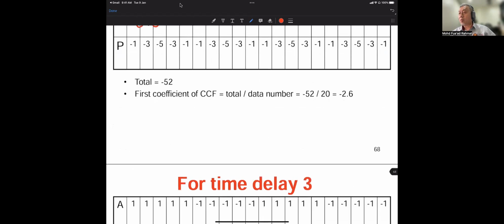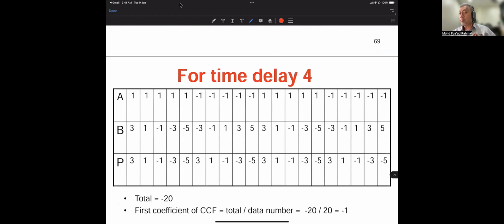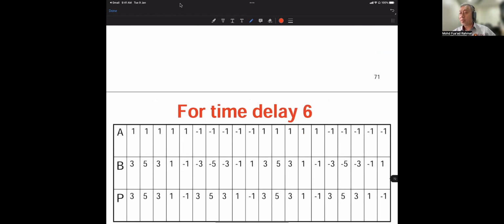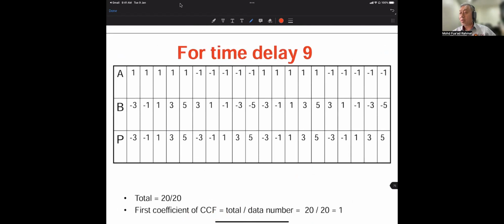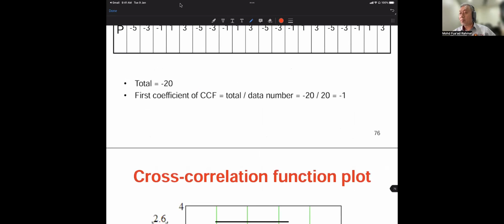Continue for tau equal to 3, 4, 5, 6, 7, 8, 9, and 10, and finally you plot it.